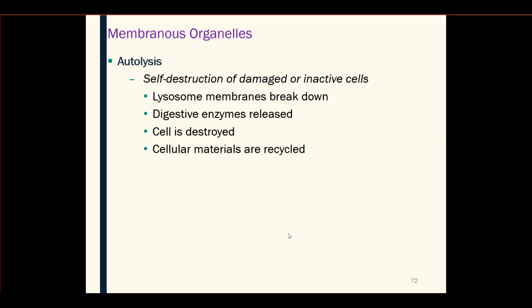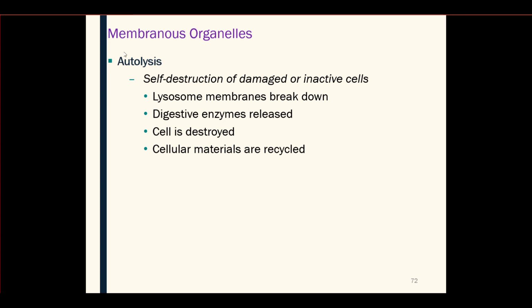Okay. One other thing before I show you a picture. Sometimes we have cells, maybe too many cells in the body, or a cell becomes inactive or it's damaged, and we want to get rid of the entire cell. So this is interesting to me. It's like the cell commits suicide. We call this autolysis. Auto means self, and lysis means breakdown.